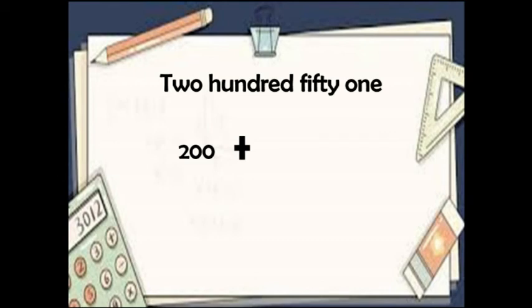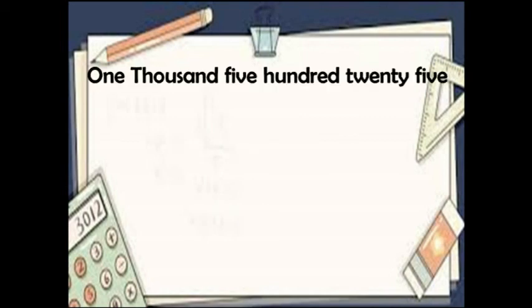We write 50 as 50 plus the last one, we have the 1, and we write 1 as 1. So if we combine these numbers, we will have 251. And we read this as 251.